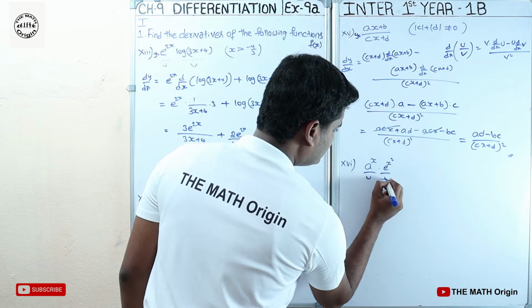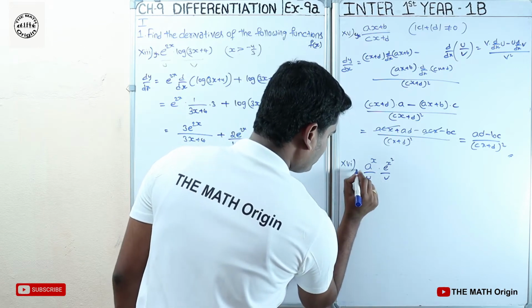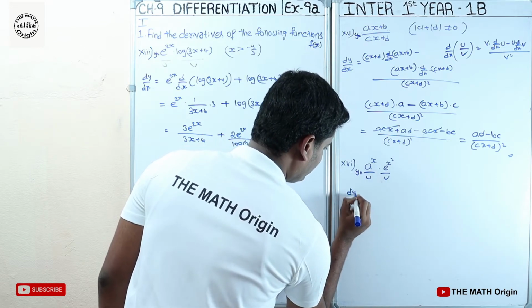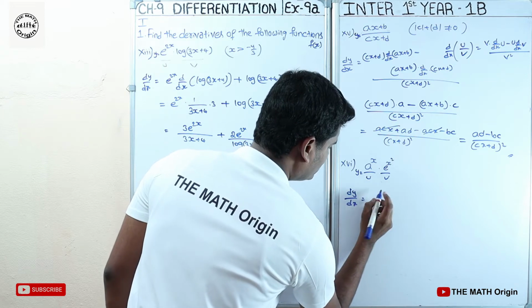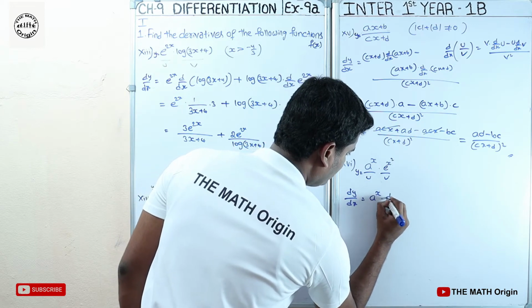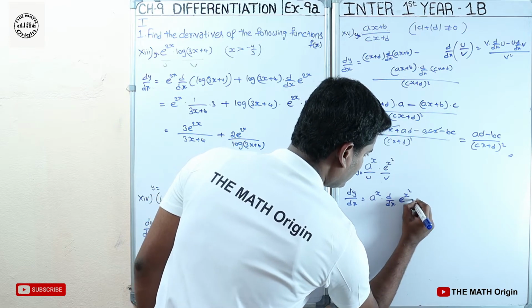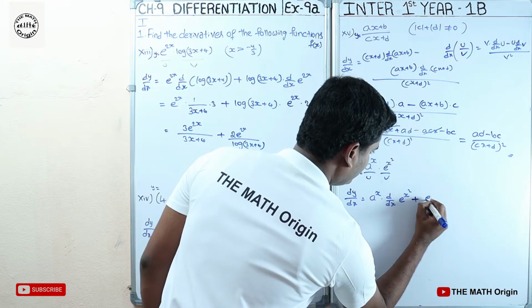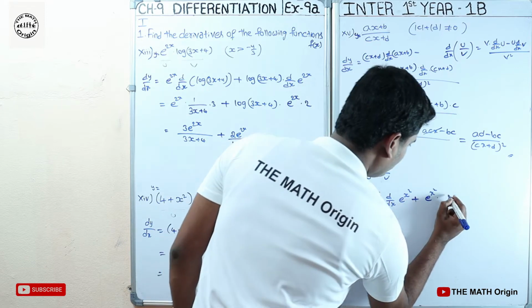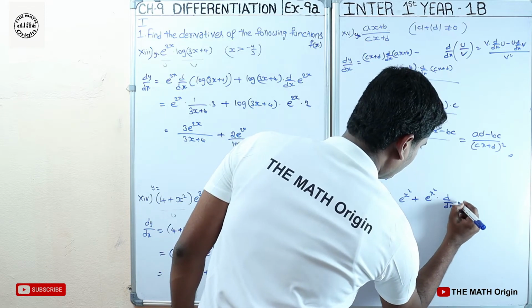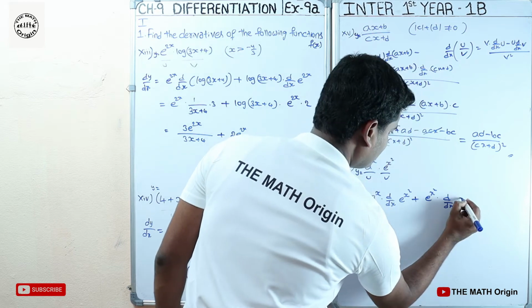So this is u, this is v. We know if we take this as y, dy by dx equals to u, a power x, into d by dx of e power x square plus v, means e power x square, into d by dx of a power x.